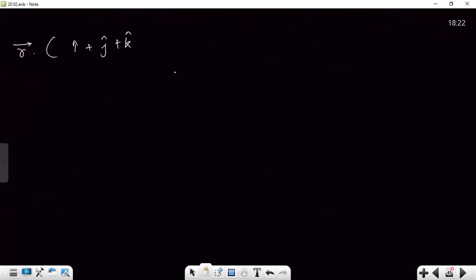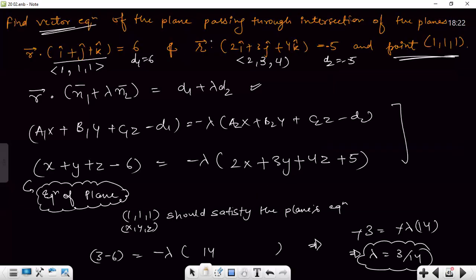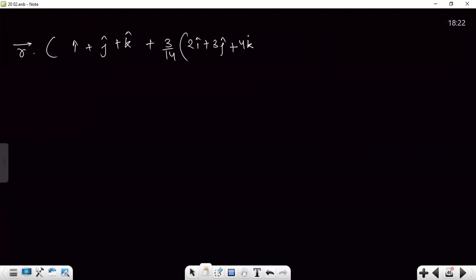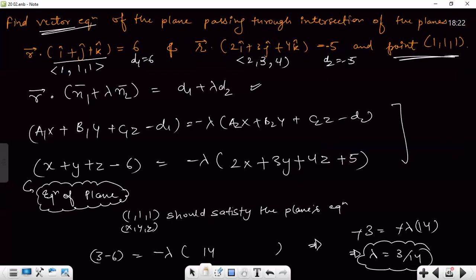So 3 by 14 into 2i cap plus 3j cap plus 4k cap is equal to d1, which is 6, plus lambda, that is 3 by 14, into d2, which is minus 5.